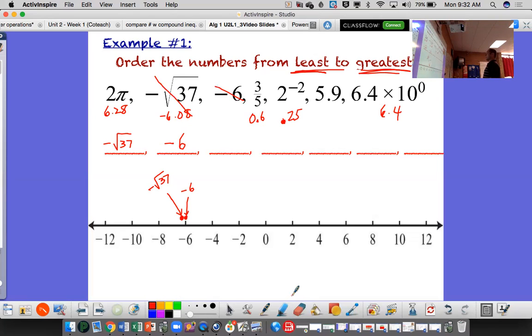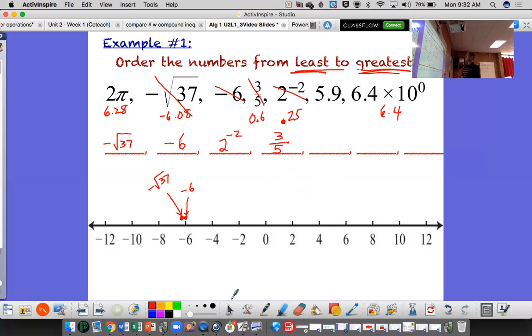I think what I need next is the 0.25. I need this one next. So that's 0.25, 2 to the negative 2. One thing that I haven't mentioned yet is I'm writing these numbers not in decimal form, but in their original way that they were written. So that one's out. The next one I'm going to write down is 3/5. 3/5 is now out.